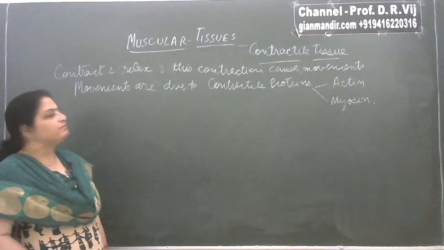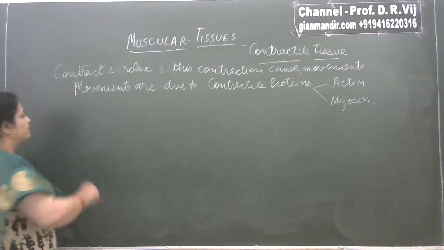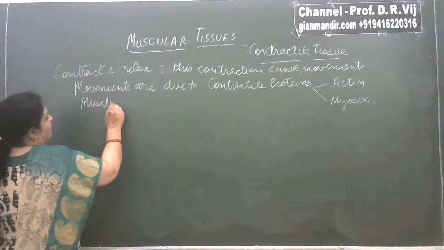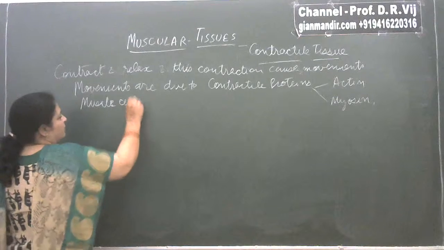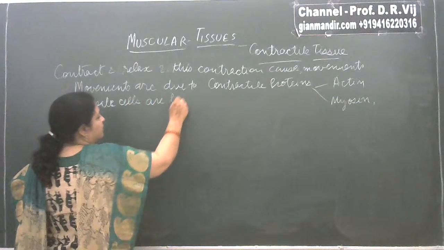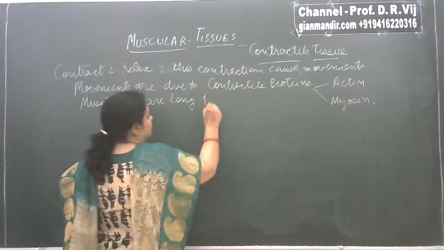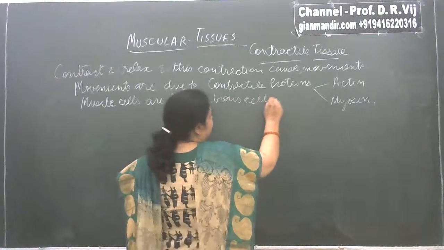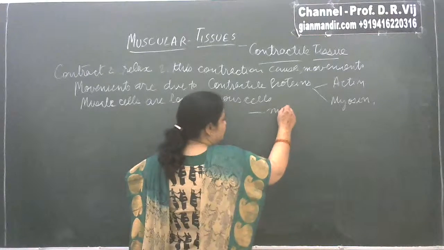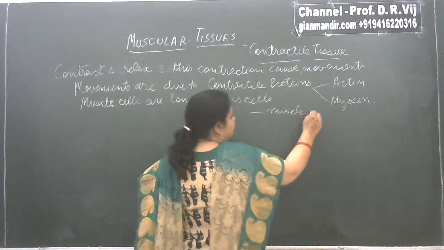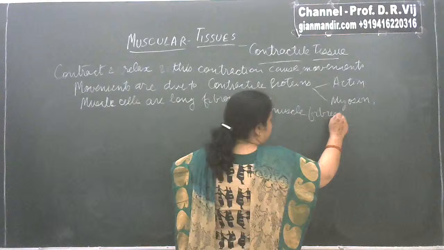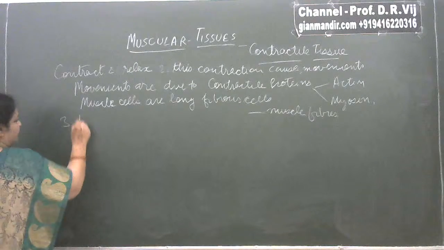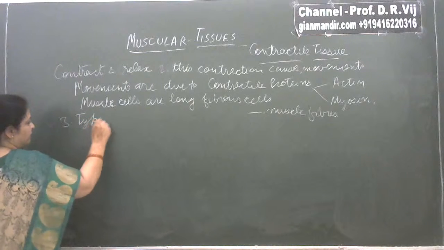As you know, these muscle cells are in the form of fibers. Muscle cells are long fibrous cells, that's why they are also known as muscle fibers. These muscles or muscle fibers are of three types.